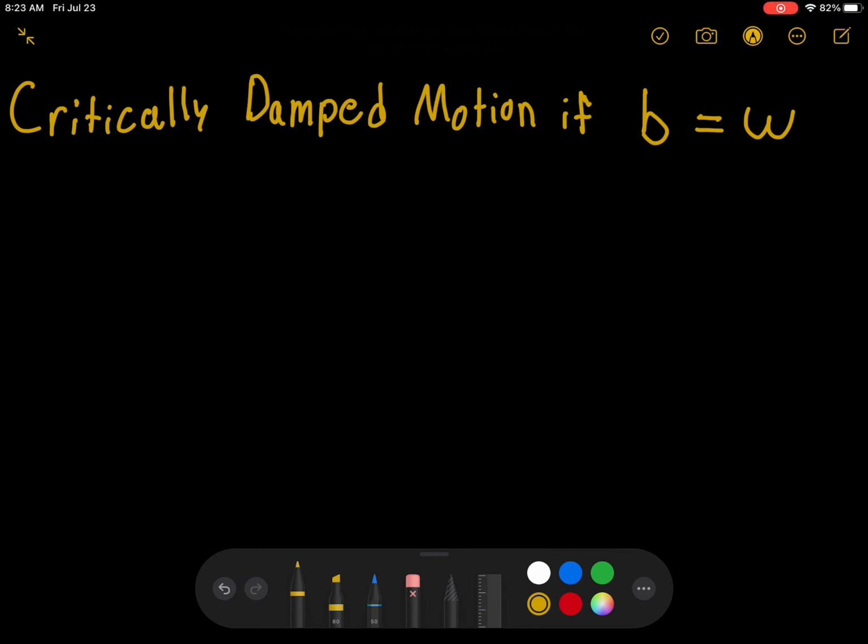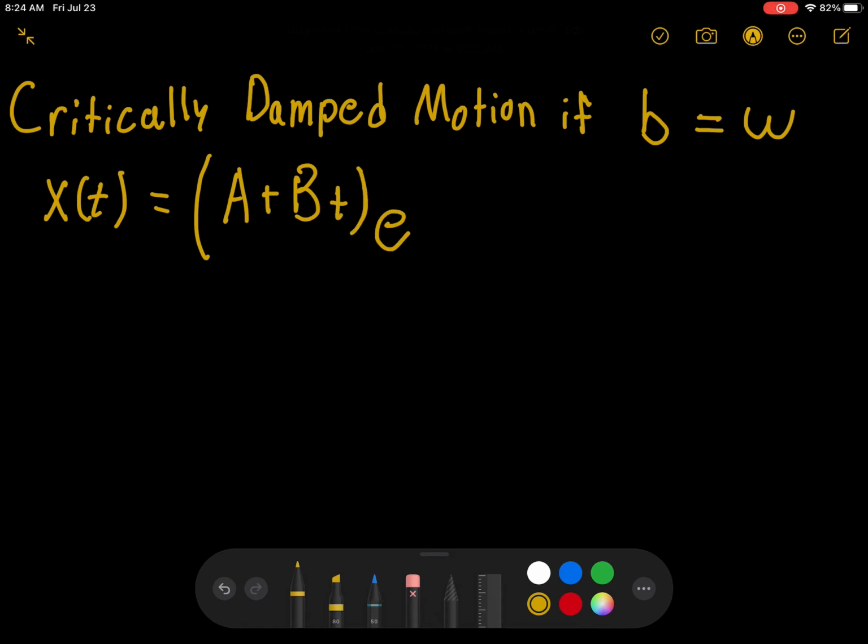Our second type of damped motion is going to be called critically damped motion, and this only happens if b is equal to omega. Well, this is going to have an equation of x as a function of time is equal to, in parentheses, a plus b, these are constants, times the time, in parentheses again, e to the negative bt.